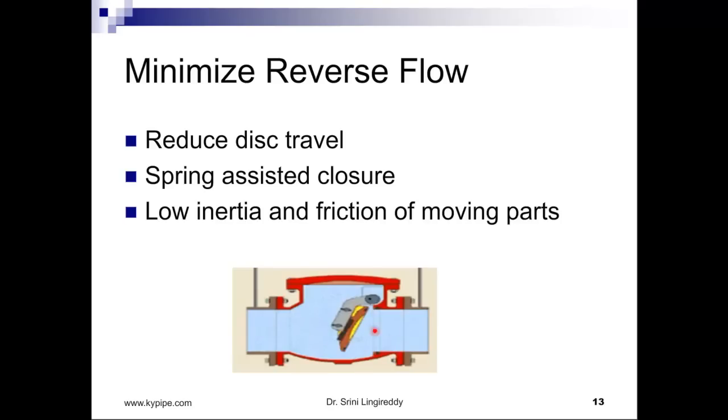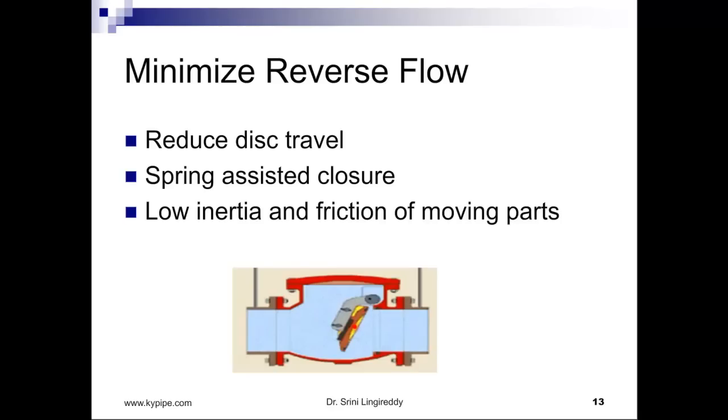So that will speed up the process of closure and minimize the chances of reverse flow. It gives less chance for the flow to establish in the reverse direction, and consequently less increase in the pressure because of the check valve slam.